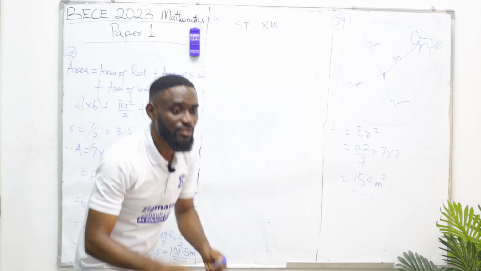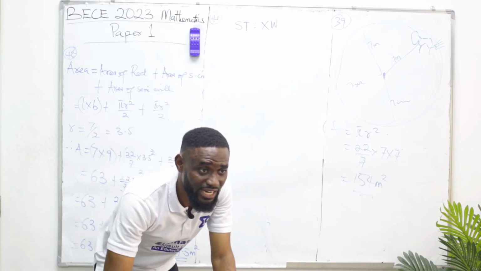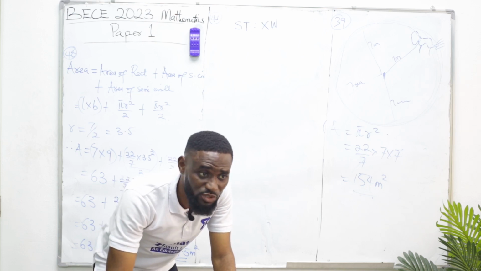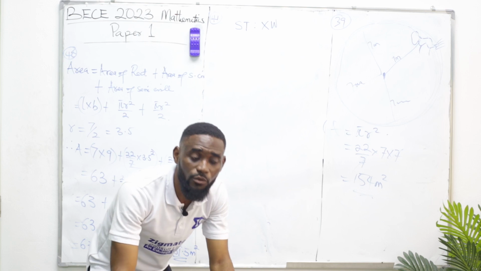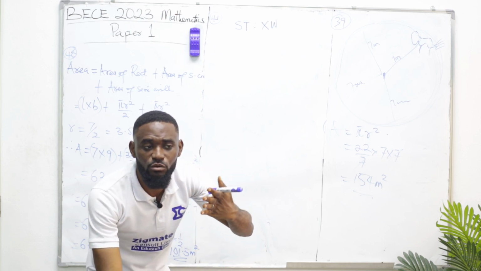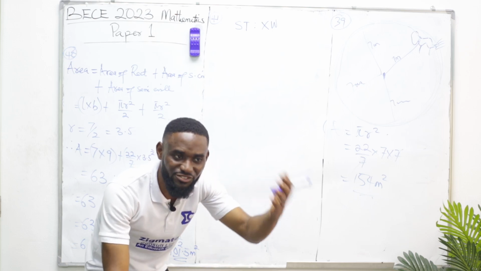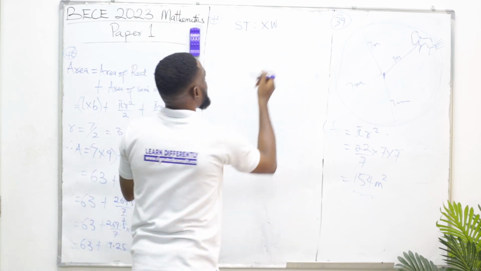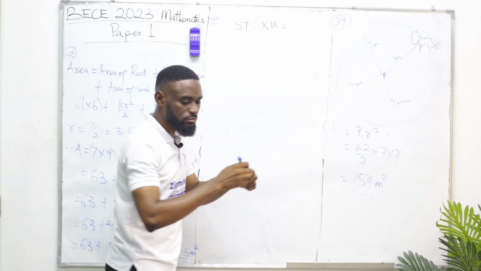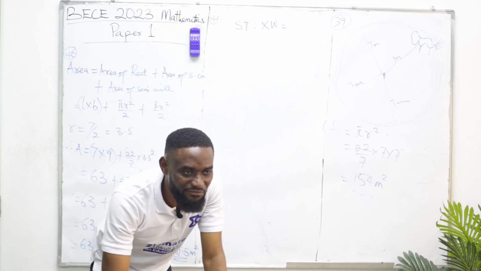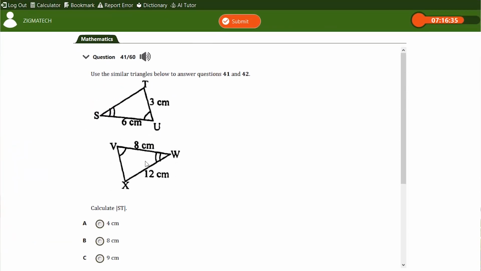Can you see that now? So ST is SW or WX, whichever one you want to use. So now, because we are going to look for another of it in the other triangle, we now say equal to, we cannot choose two sides here that are given both here and here.